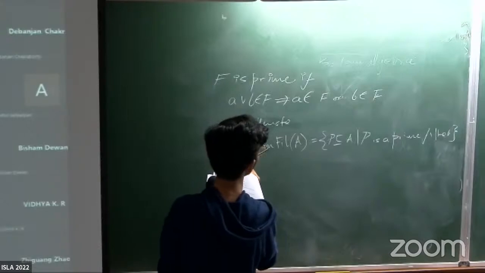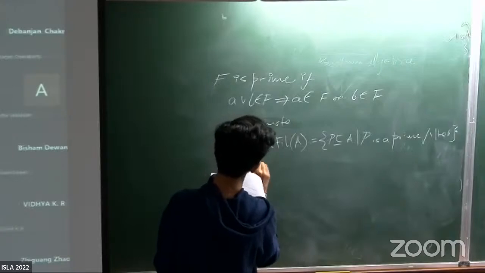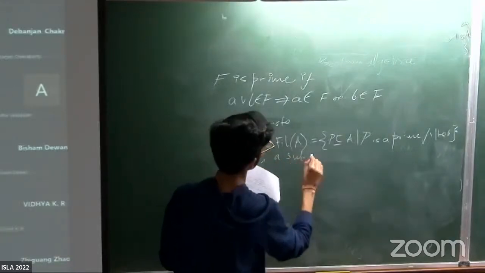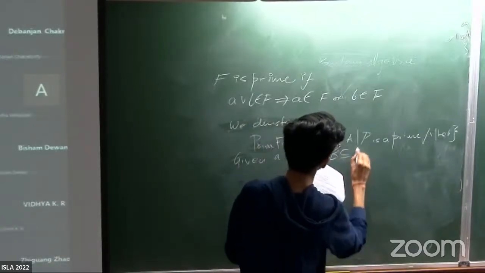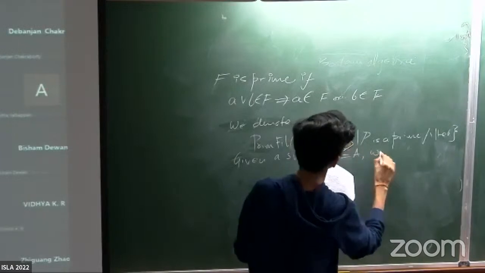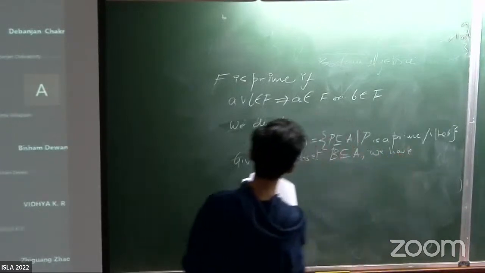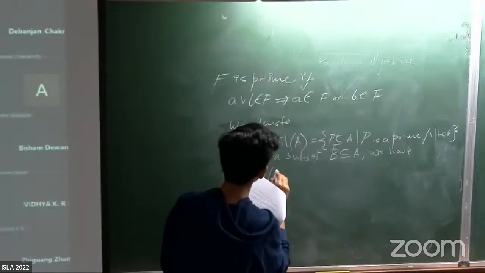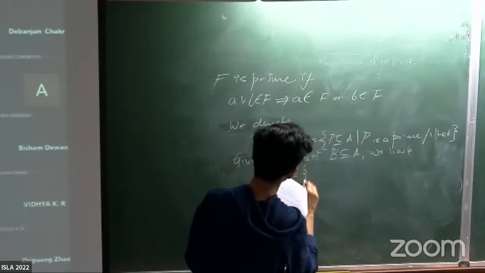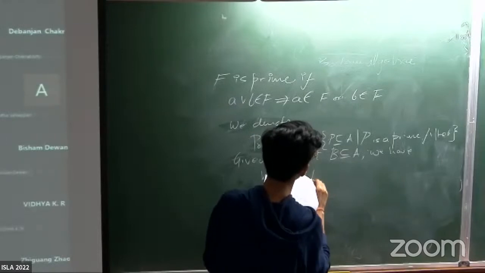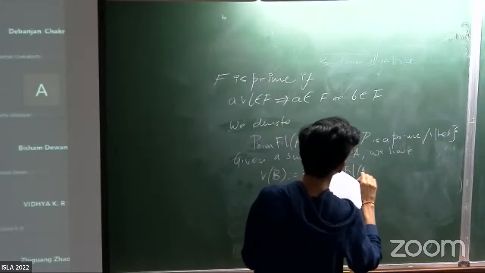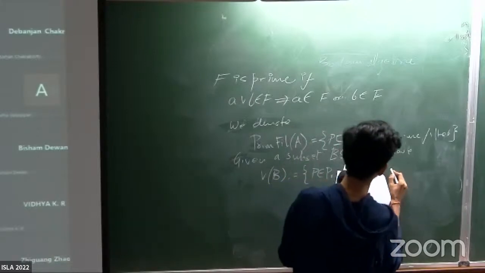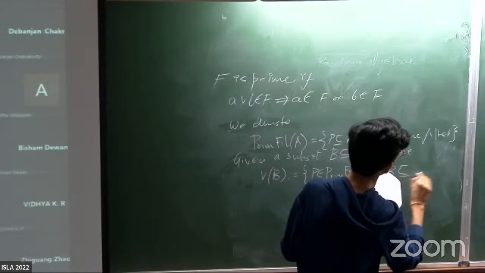So let us suppose we have a subset B of A. We have V of A or V of B that we define to be the set of all prime filters on A such that B is a subset of the filter.